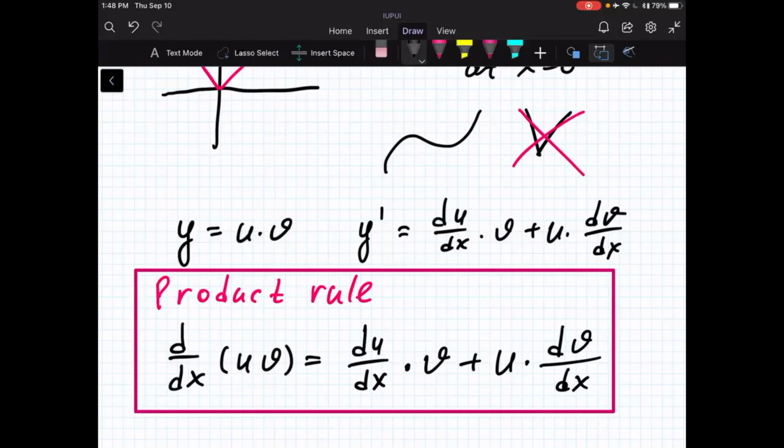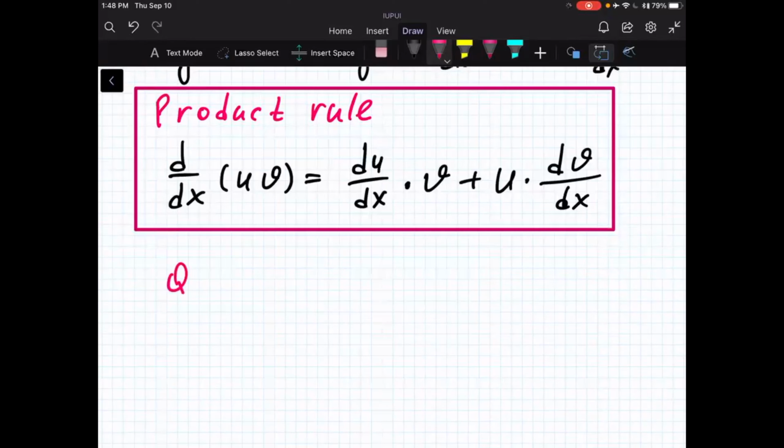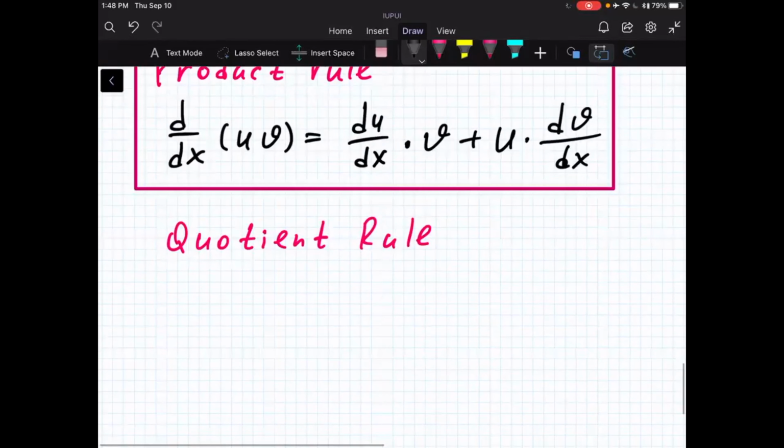And from this rule, we can obtain another rule, which is called the quotient rule. And the quotient rule is, of course, for quotients.